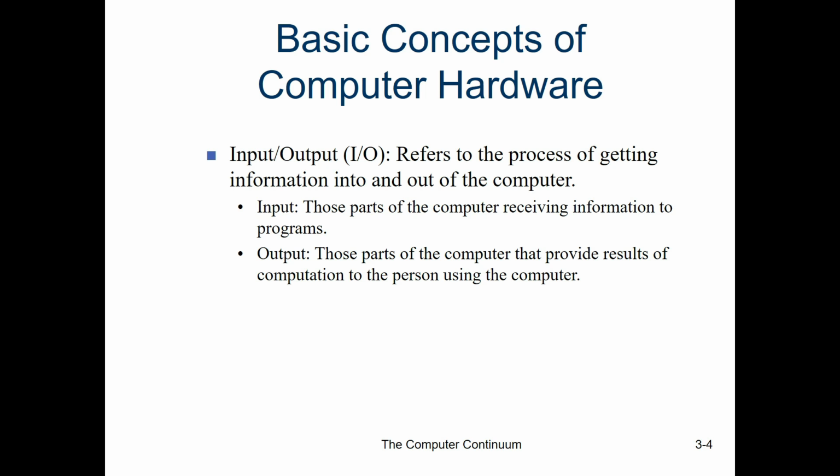The inputs are all the devices through which we can give input to the computer, like microphones, cameras, the mouse, and touch screens. We can also get output through speakers, LEDs or screens. Output parts are those that provide the results of the computation to a person using the computer.